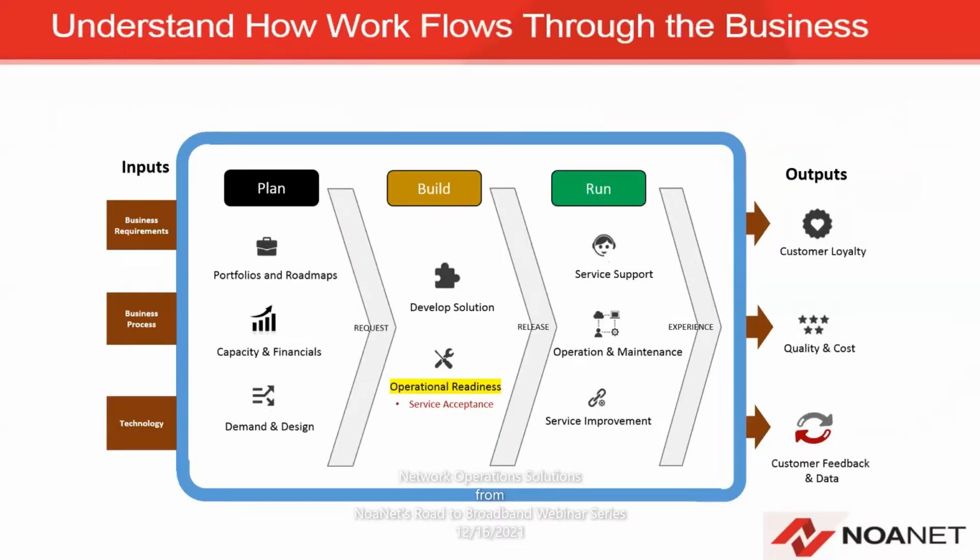The next thing I think is really critical to operating a network is, as an operations director, I have to have a really good understanding of how work flows through the business. Businesses are driven by inputs and outputs, and at the end of the day, everything comes into operations. So in order for me to support the business, I have to be able to influence the inputs within the business.